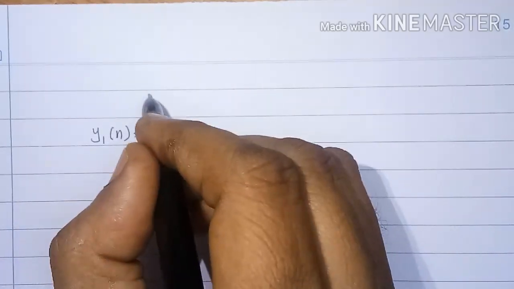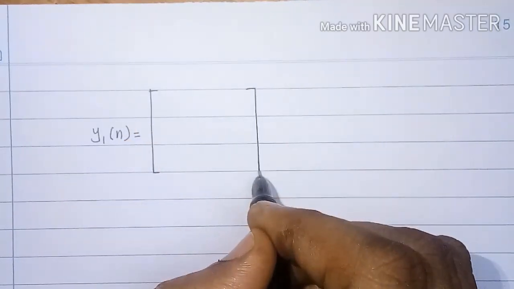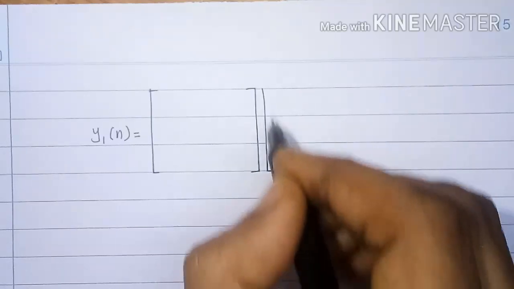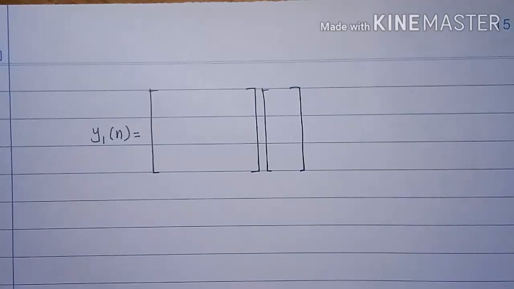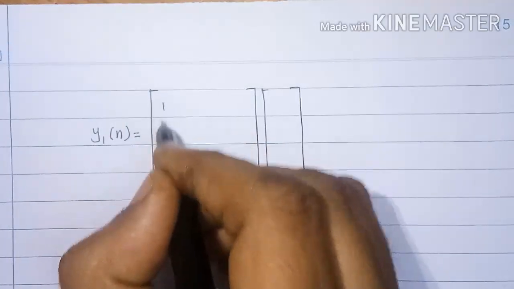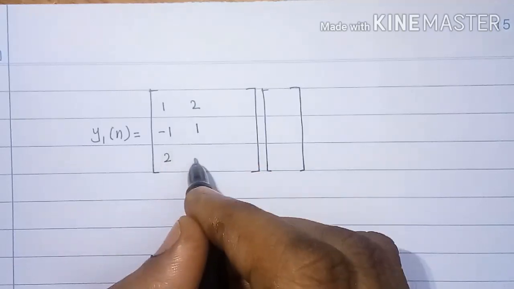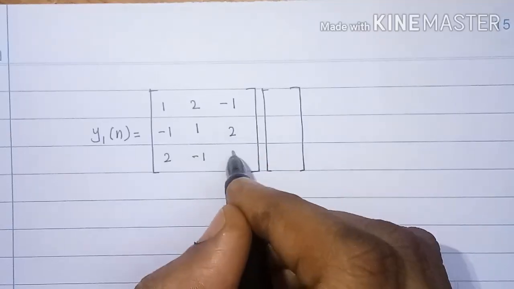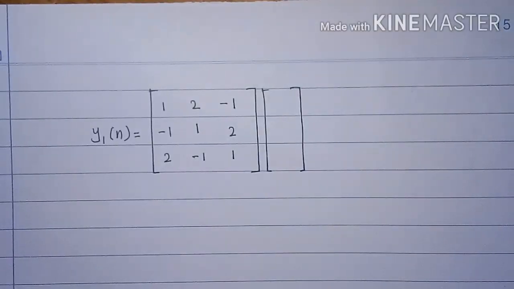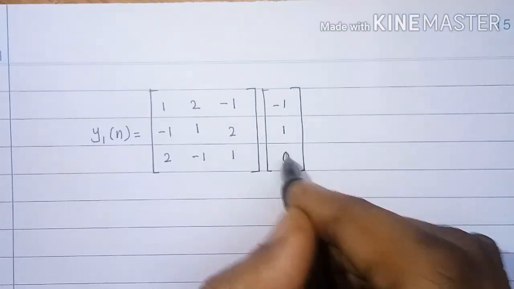Y1 of n will be equal to the circular convolution of x1 of n with h of n: 1 minus 1 2, 2 1 minus 1, minus 1 2 1, and here we'll write h of n, that is minus 1 1 0.